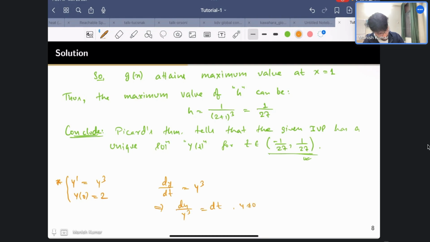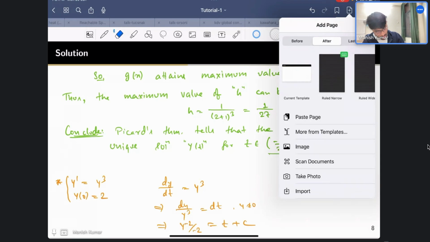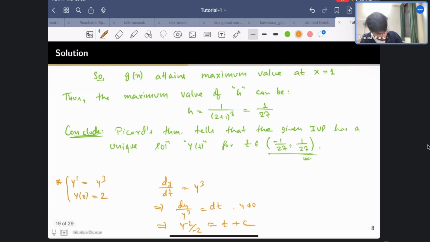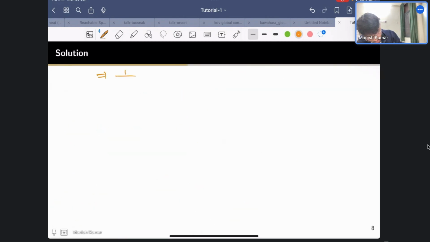Then if you just integrate, what you get is y to the minus 2 by minus 2 equals t plus c. From here you get 1 by y squared(t) is equal to minus 2 (t plus c).